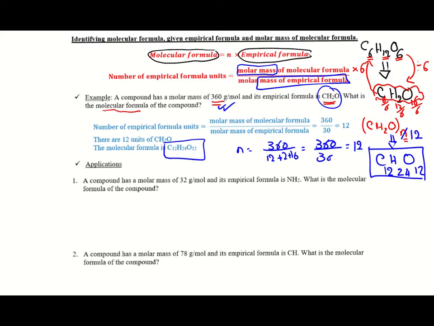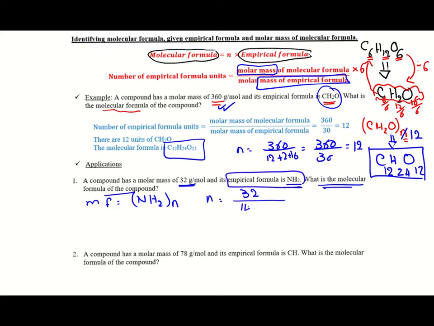Let's take another example. A compound has a molar mass of 32 grams per mole, and its empirical formula is NH2. What is the molecular formula of the compound? Molecular formula should be NH2 times N. To get N, you need to divide molar mass over empirical formula mass, the mass of this formula.